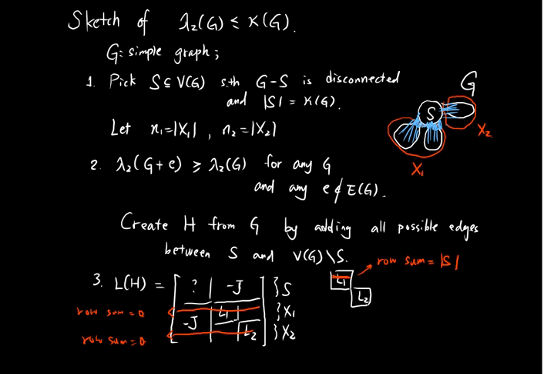Because there are |S| entries of minus 1 here, and together with the row sum of L1 it becomes 0. So the row sum of L1 is exactly equal to the size of S. And the same story works for L2, because it's the same argument.